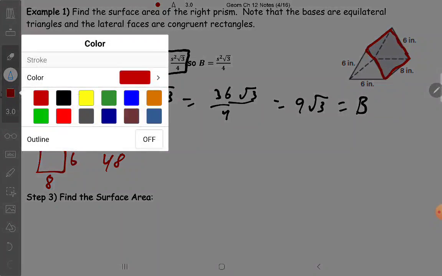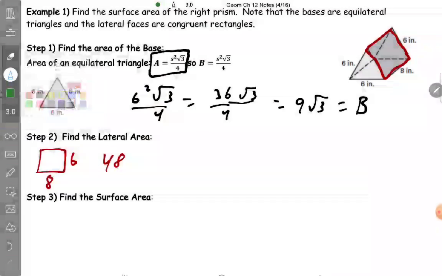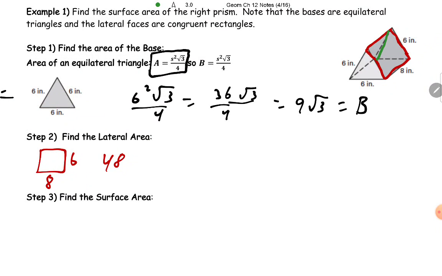Then we have the other side, the green rectangle, which is a 6 by 8 as well.